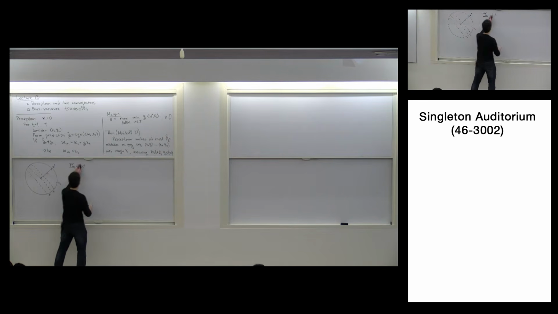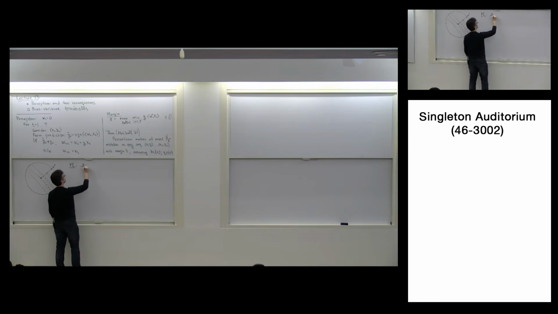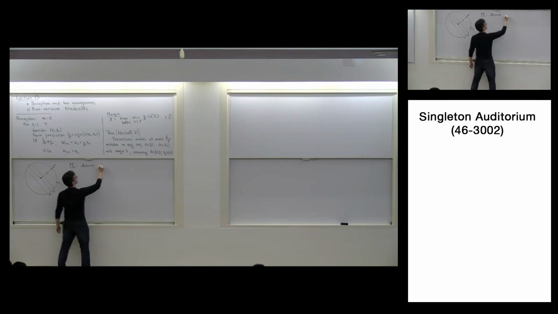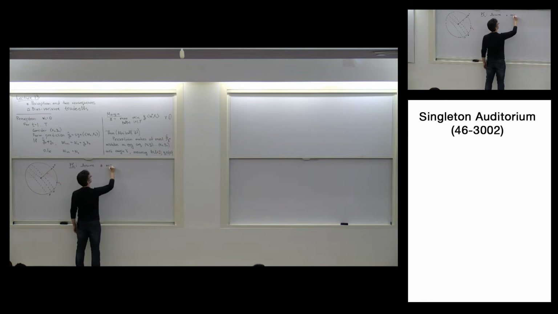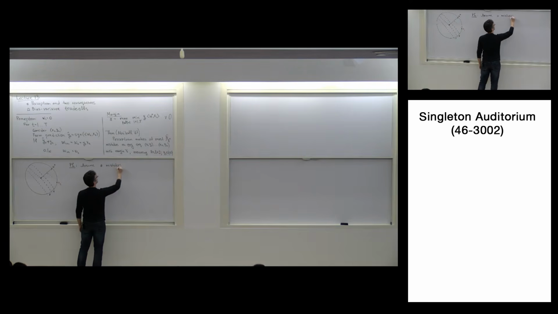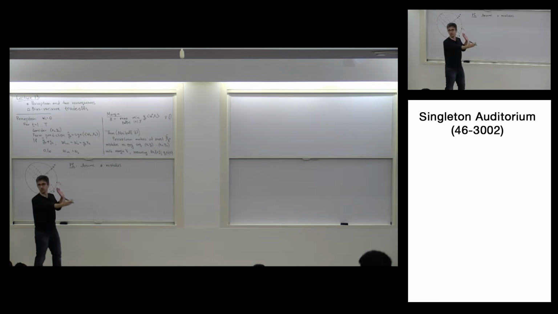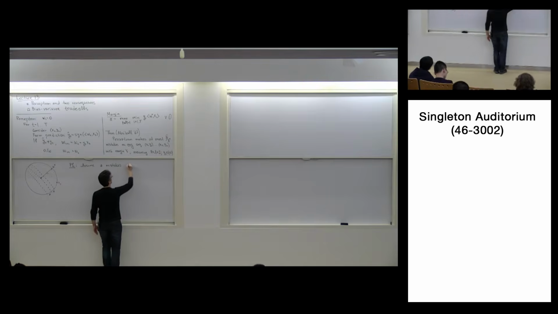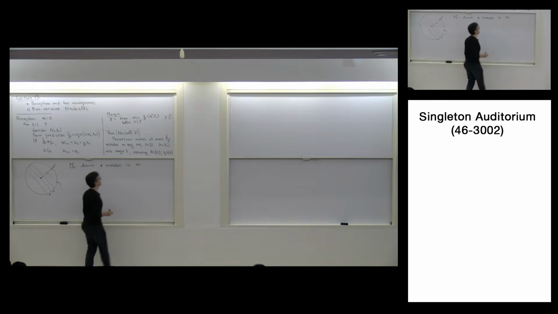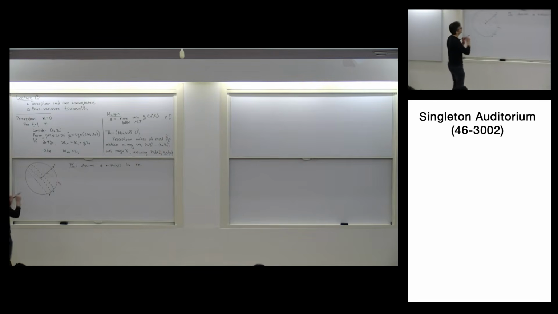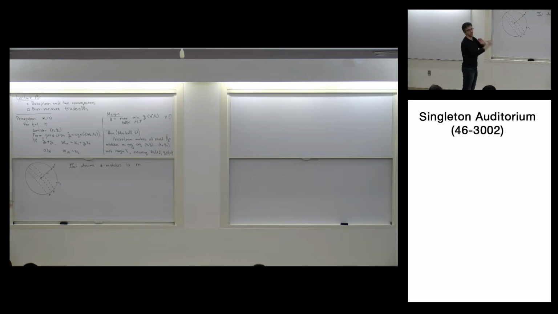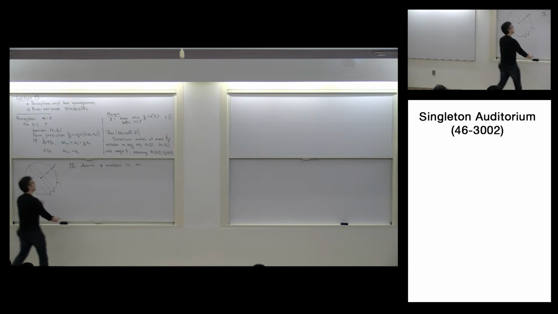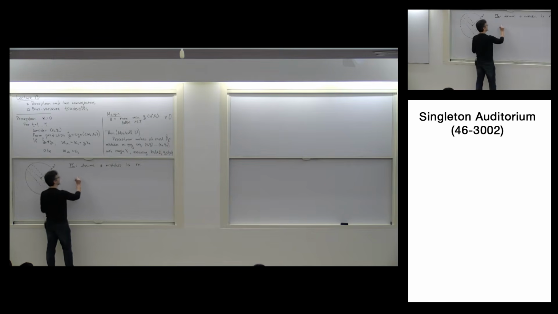Assume the number of mistakes over the t iterations is m. So you fix the sequence, you run this algorithm on the sequence, and you've made m mistakes. Then what can we say?